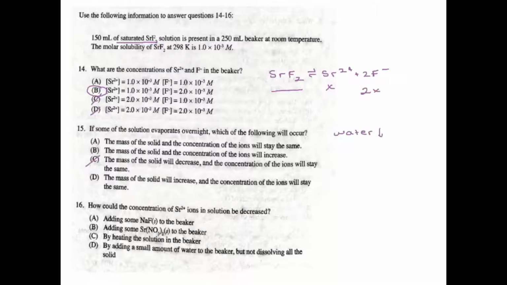The reason the solid precipitated out is because you have to maintain this maximum amount of strontium ions that can be dissolved, and this maximum amount of fluoride ions that will be dissolved. So as a result, the concentration of the ions is going to stay the same. So my answer is D.